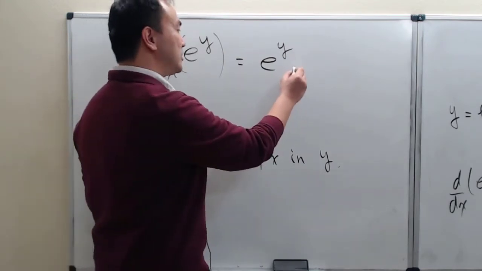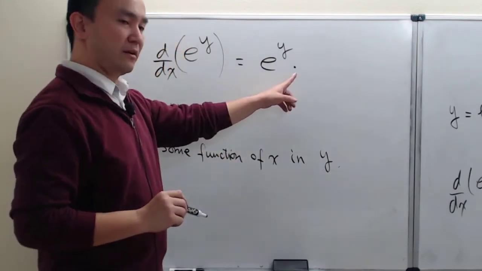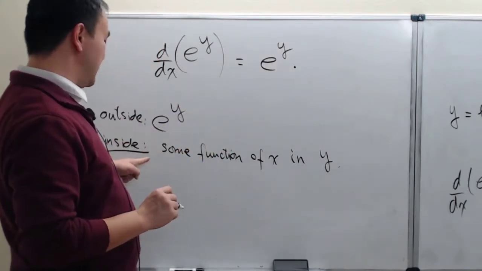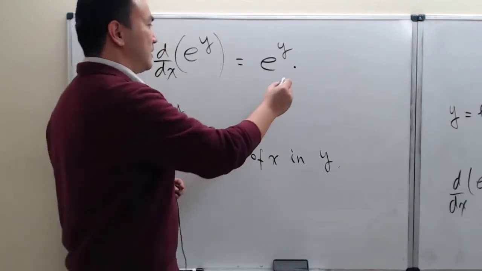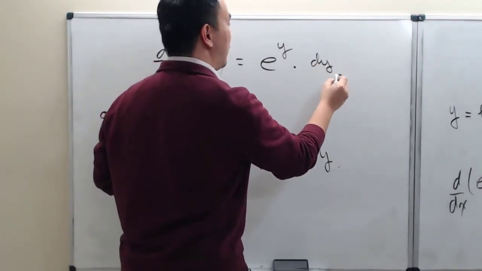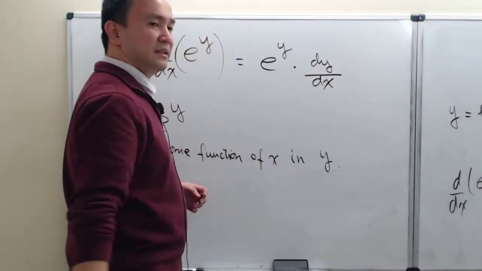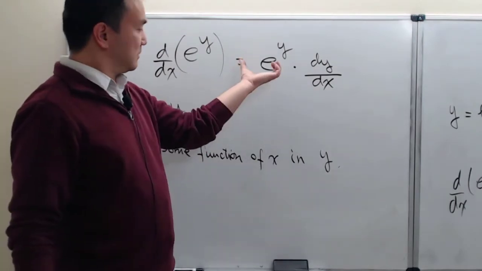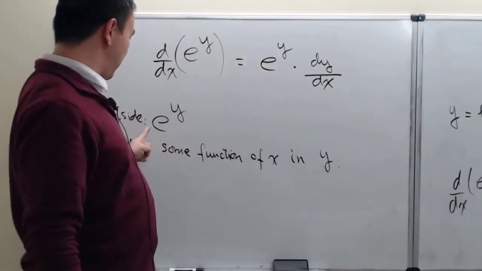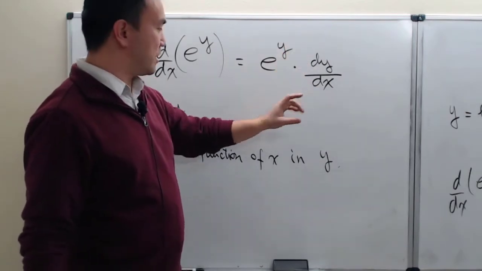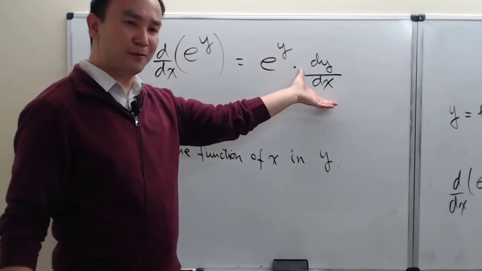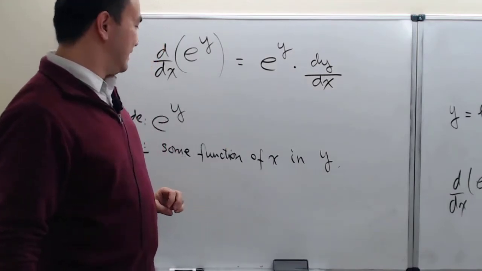But now I need to multiply with the derivative of the inside function. The inside is just some function of x, and pretend that we don't know what that is. So here I'm multiplying with dy dx. We have to multiply with that. So chain rule says take the derivative of the outside function and now multiply with the derivative of the inside function, where it's just that implicit derivative right there.